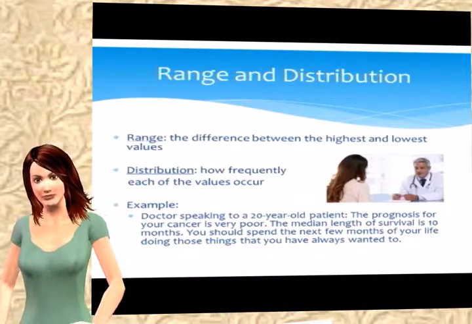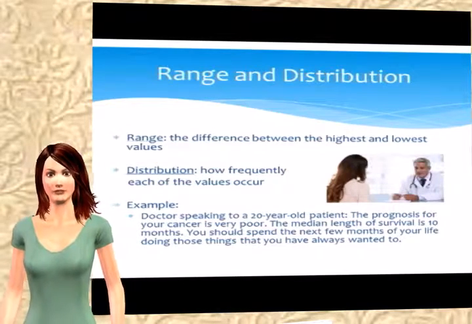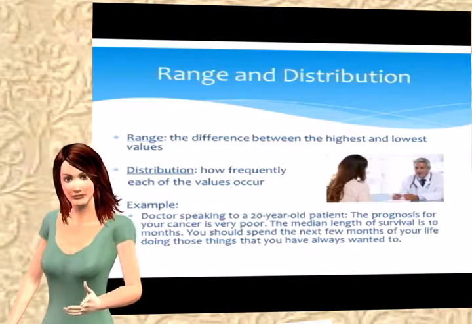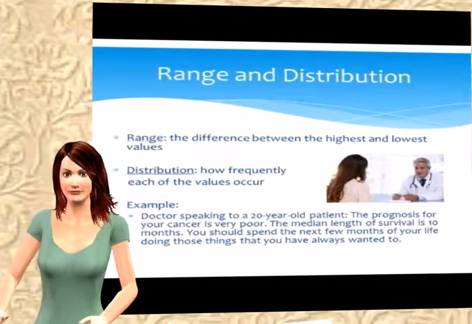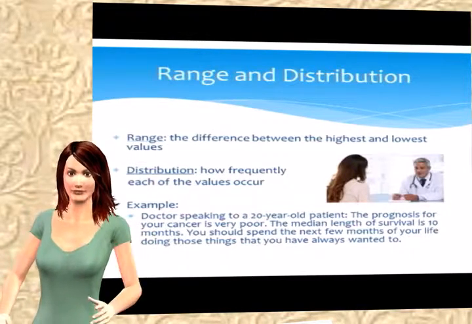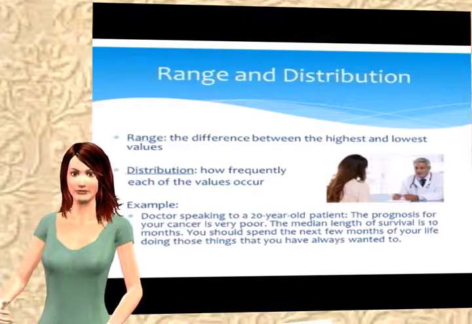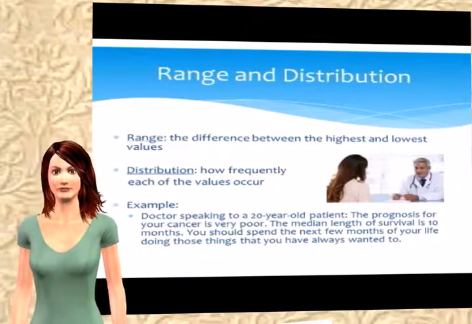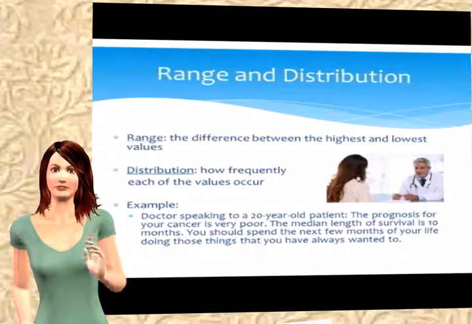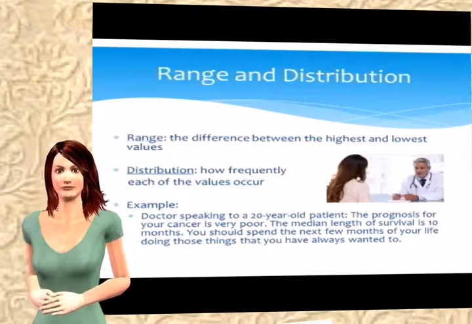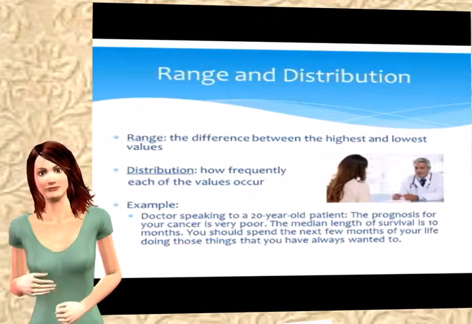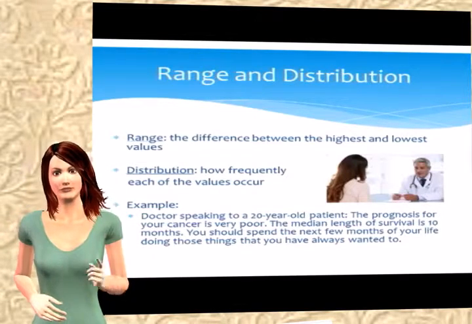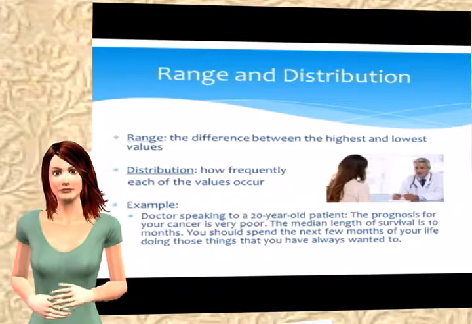Well, if this patient, after getting such bad news, could put their critical thinking skills to use, one of the questions that this person should ask is, okay, the median length of survival is 10 months, but what that means is half of all people don't survive to the 10-month mark, but half of all people do. Remember, median captures that, the half and half, the midpoint value if you rank them all in order.